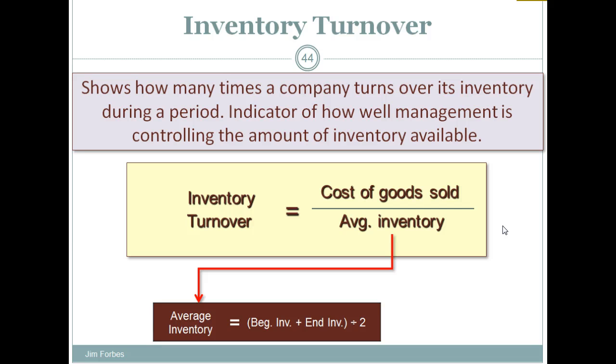Okay, we're going to be wrapping up this chapter. We only have a couple more slides here, so let me talk about a couple ratios. Inventory turnover shows how many times a company is selling its inventory during a particular period. And this is an indicator of how well management is controlling the amount of inventory, because inventory consumes cash.